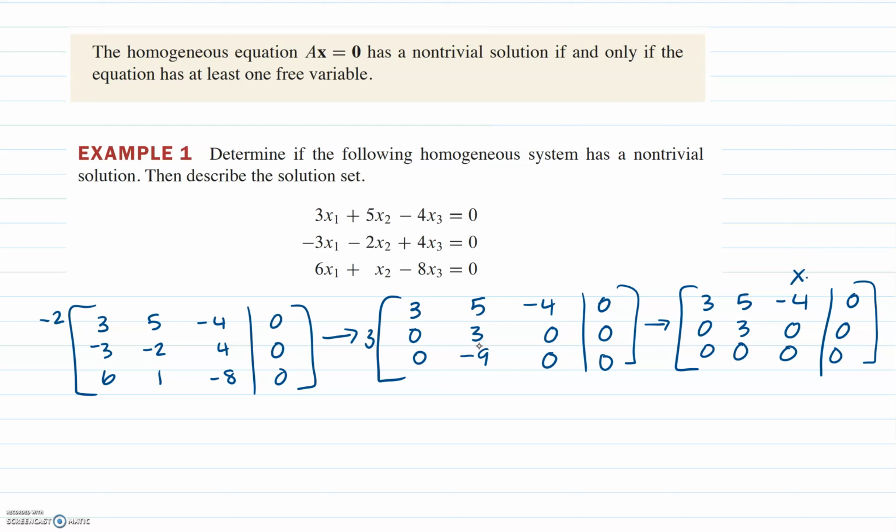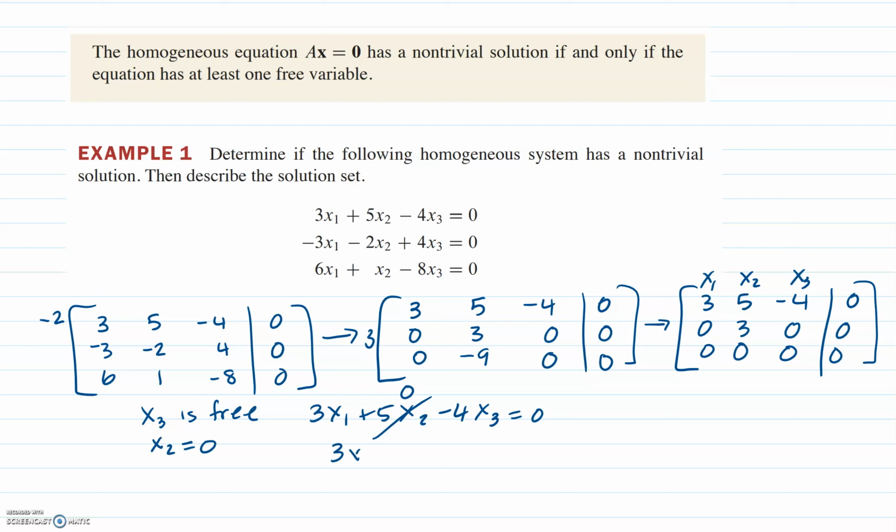So x3 is free. We can see x2 is 0, but for x1 we have 3x1 plus 5x2 minus 4x3 equals 0. x3 is free, x2 is 0.